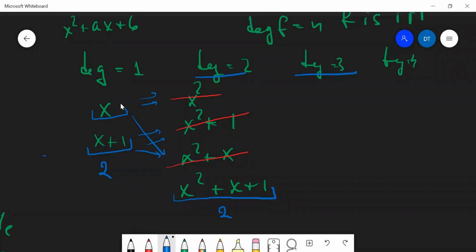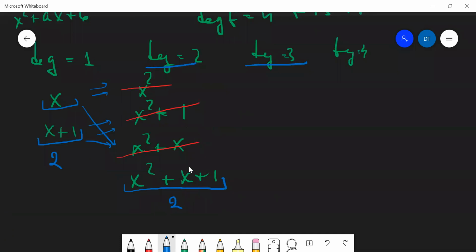So x times x gives you x squared, x plus 1 times x plus 1 gives you x squared plus 1, and x times x plus 1 gives you x squared plus x. So these are out of the running. This one is irreducible, so it's not presentable as a product of polynomials of smaller degree.